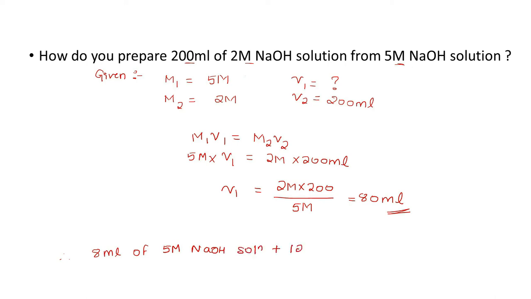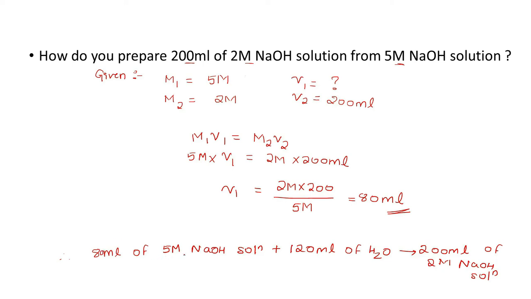To that you're going to add 120 ml of distilled water, and then it gives the entire volume of the diluted solution as 200 ml of 2 molar NaOH solution. So they have asked us to prepare 200 ml of 2 molar NaOH solution. So we got the volume, that is 80 ml.